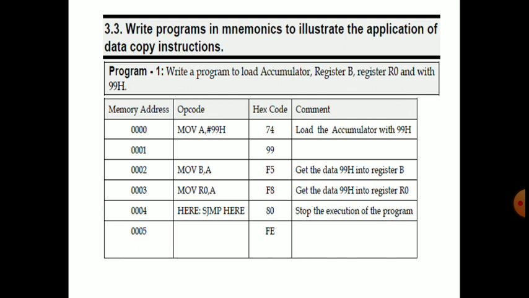The memory before 6000H is all used for internal applications of the 8051 or some programs also. So in this application we use memory addresses starting from 0000H. The opcode is followed by the hex code, and the comment.